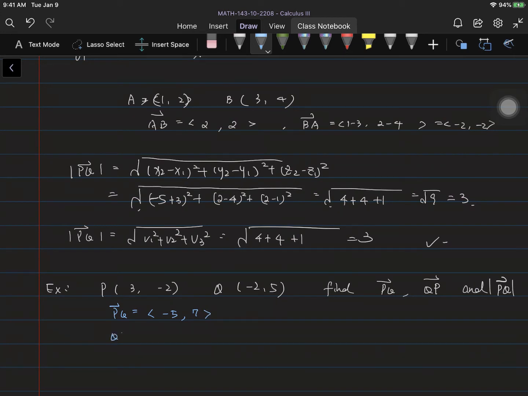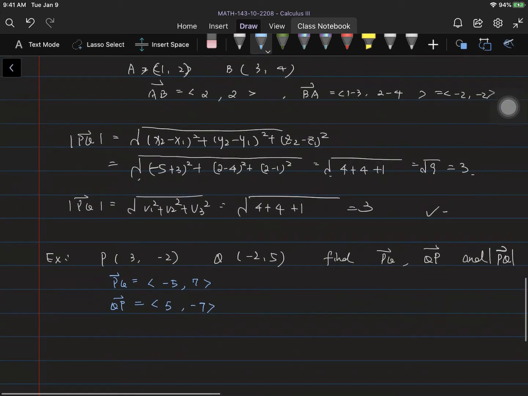And the QP, if you don't want to do the calculation, just switch the components into their negatives. Okay, because that is like the opposite way. x2 minus x1 becomes x1 minus x2, right? And what is the length?